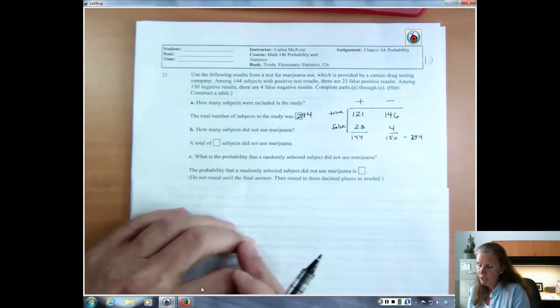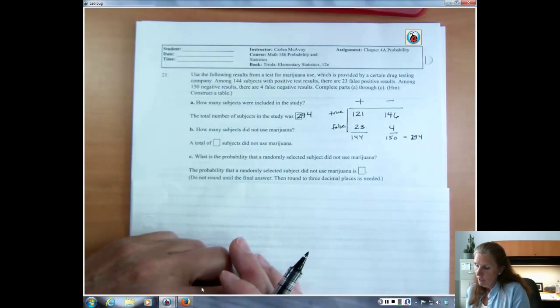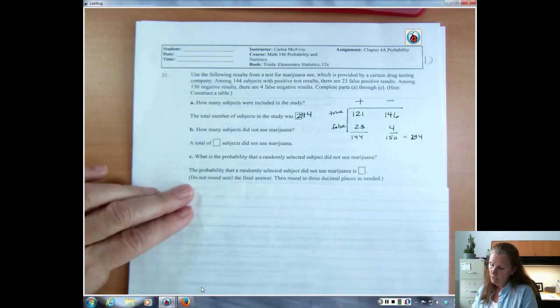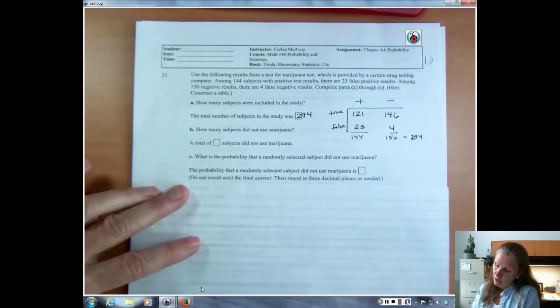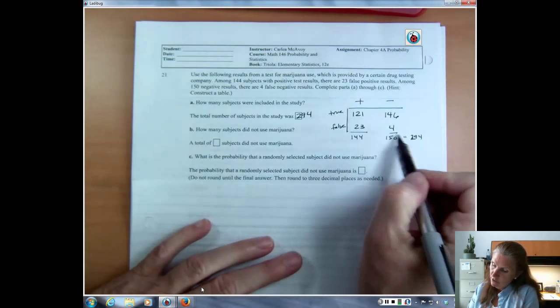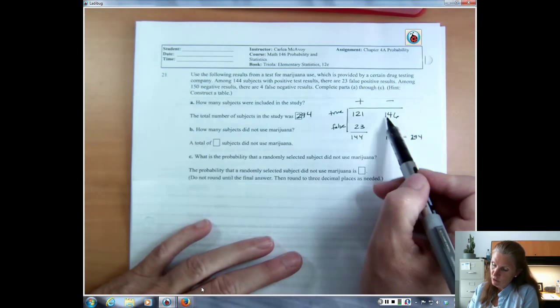How many subjects did not use marijuana? Okay, negative, the negative people who weren't using marijuana. Well, see how there was 150 here, but only 146 were really using.